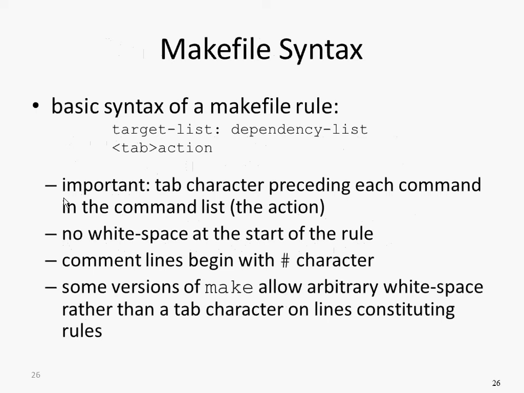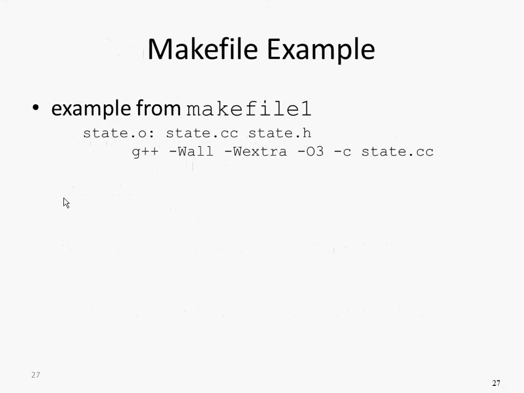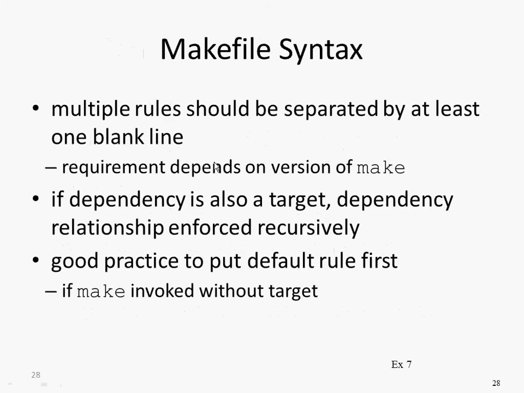There are versions of white space that allow arbitrary amounts, but don't push your luck because some are extremely dependent on only a tab being there. Okay, so we saw this sort of example. We might have this depending on that, and some rule associated with it. Okay, so multiple rules, if you include them in your file, should be separated by at least one blank line.